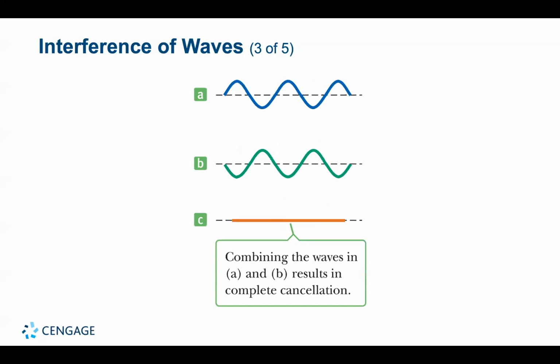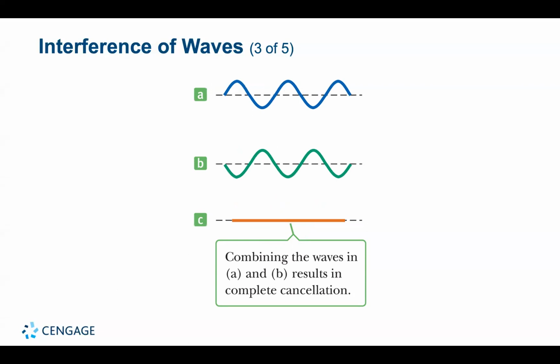So now let's consider a case where there's destructive interference. Two waves A and B have the same frequency and amplitude, but are 180 degrees out of phase, so completely out of phase. The two top figures show two similar waves. In this case, the crest of one coincides with the trough of the other. So one wave is inverted relative to the other. The resultant wave is shown in the bottom figure.